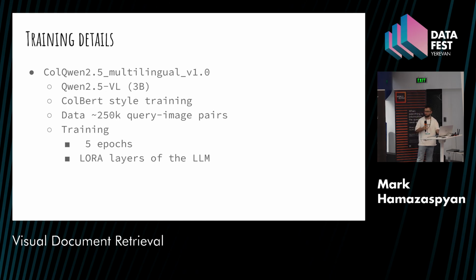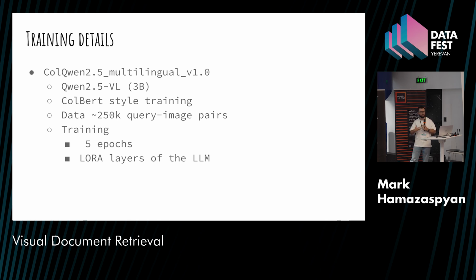Just to give a basic idea, our embedding model is trained by taking the base model of Qwen 2.5 VL, a 3 billion parameter model. We do the ColPali-style training as the ColPali authors introduced. We gathered around 250k query-image pairs, and the training was for 5 epochs.